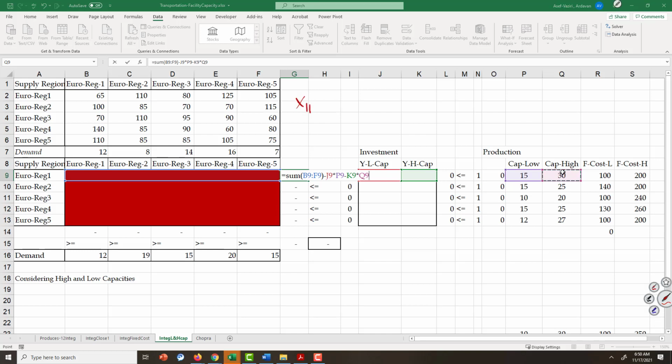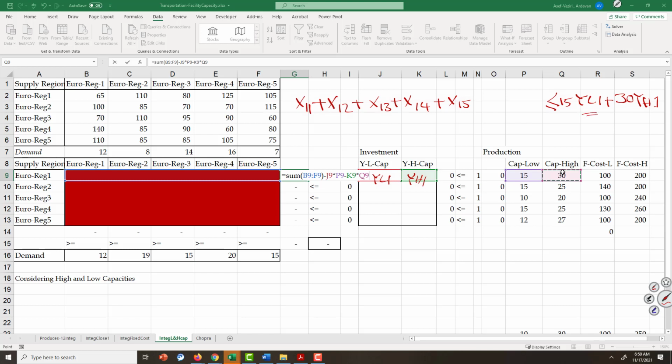So it is x11 plus x12 plus x13 plus x14 plus x15. This should be less than or equal to 15 y low 1 plus 30 y high 1. This is y low 1, this is y high 1.